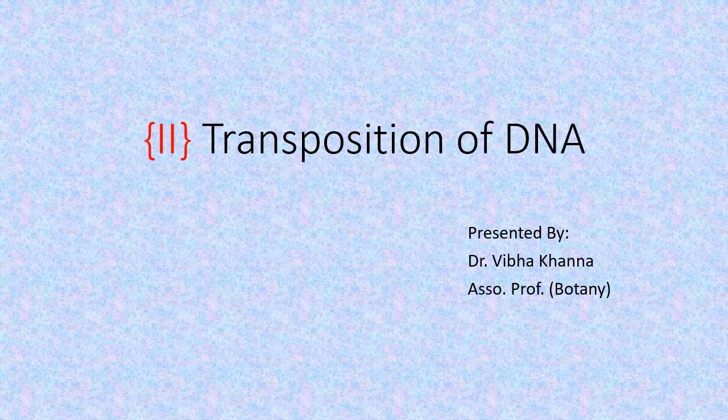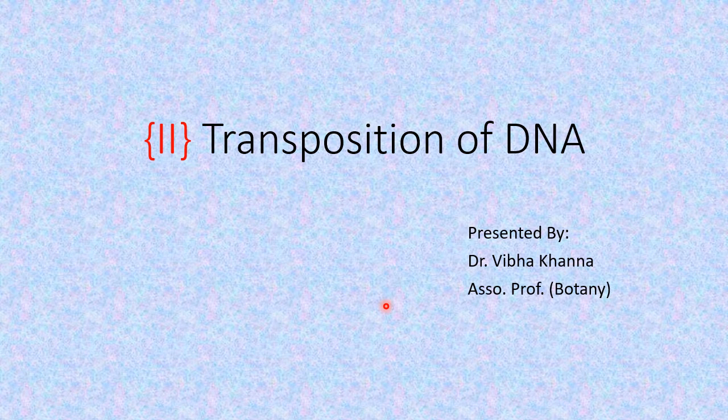In our previous video, we have learned about the different types of transposons. The transposons or the jumping genes are the stretches of polynucleotide sequences that change their position within the genome.